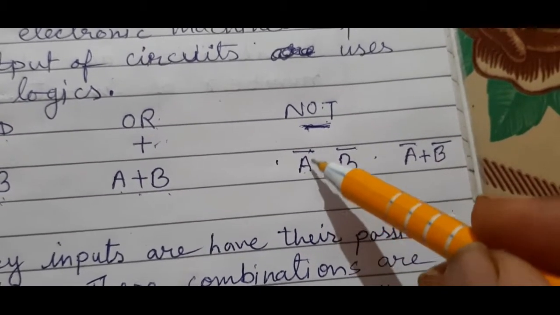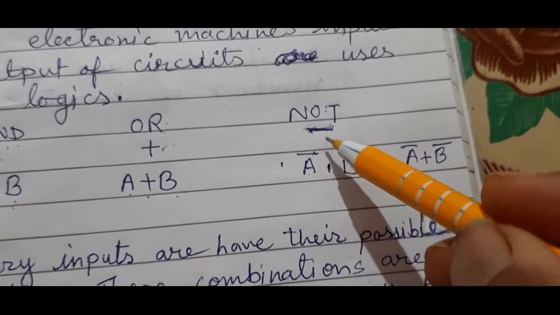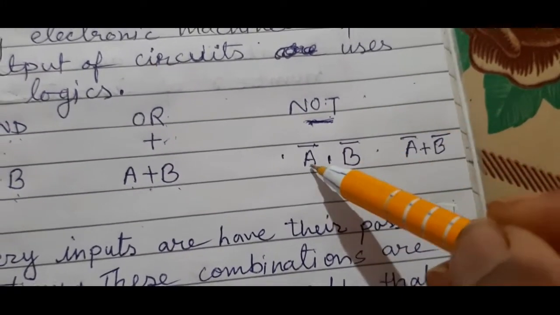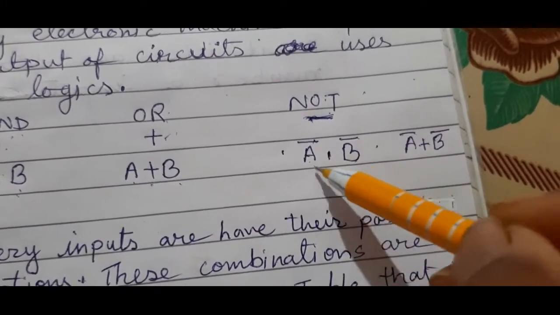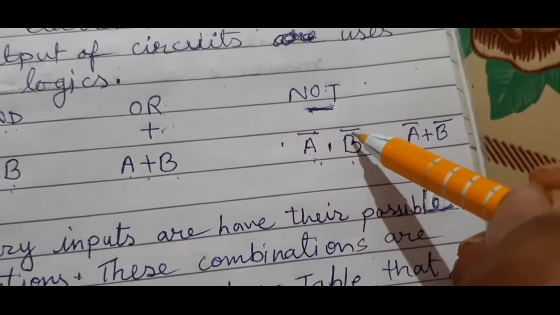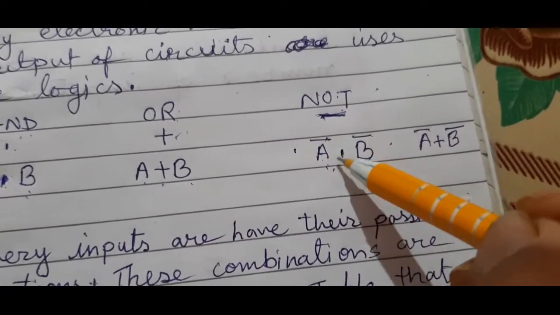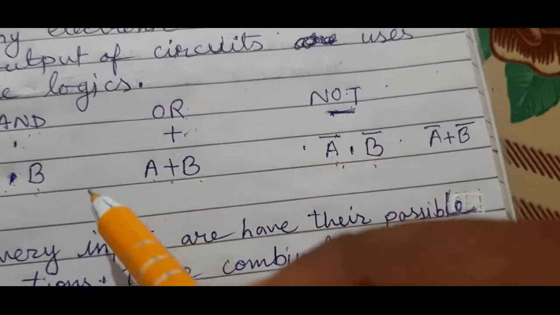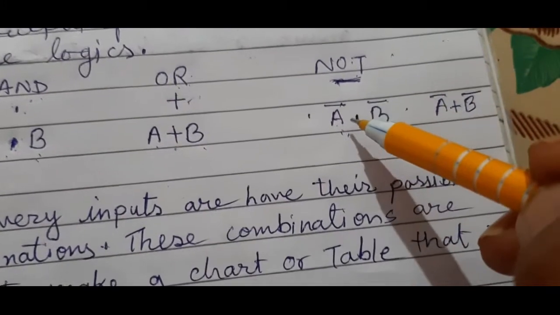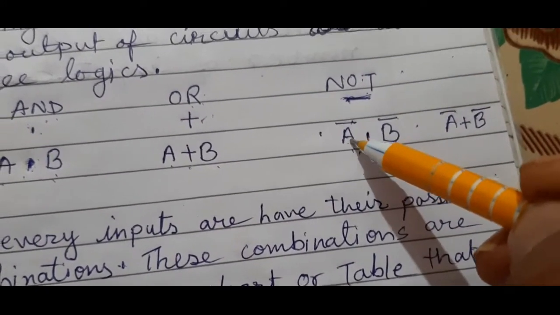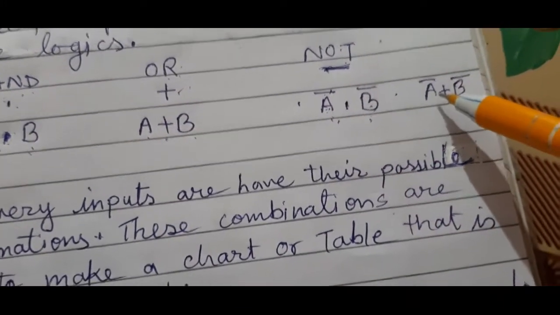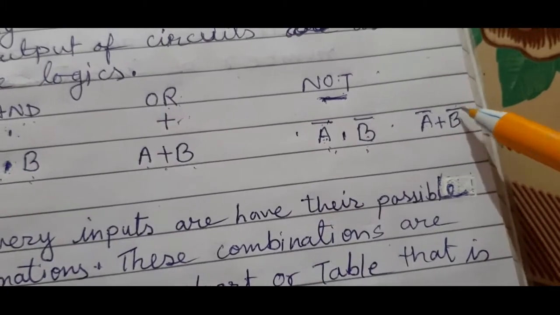Because NOT has only one input and one output, either yes or no, both the inputs have individual NOT signs, and these NOT signs can be used in both the OR and AND logic. So therefore I am showing here NOT A and NOT B. Another is NOT A or NOT B.